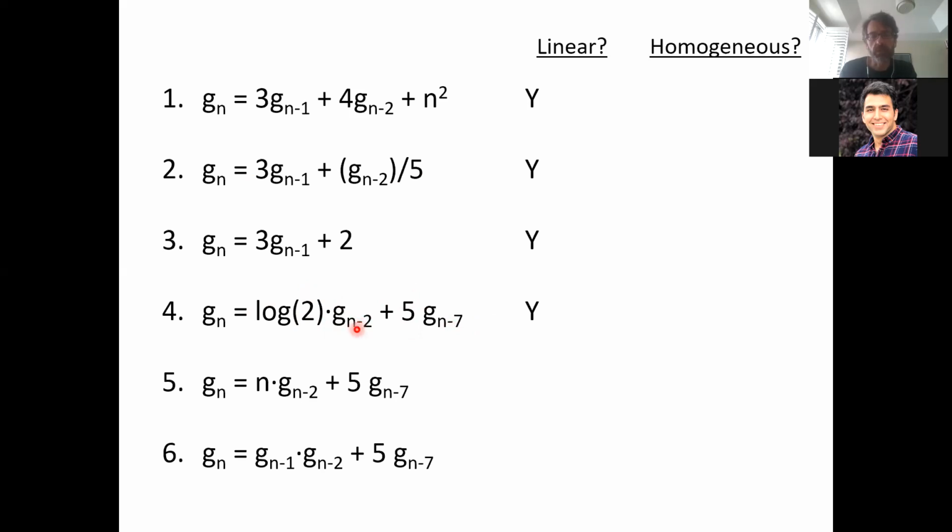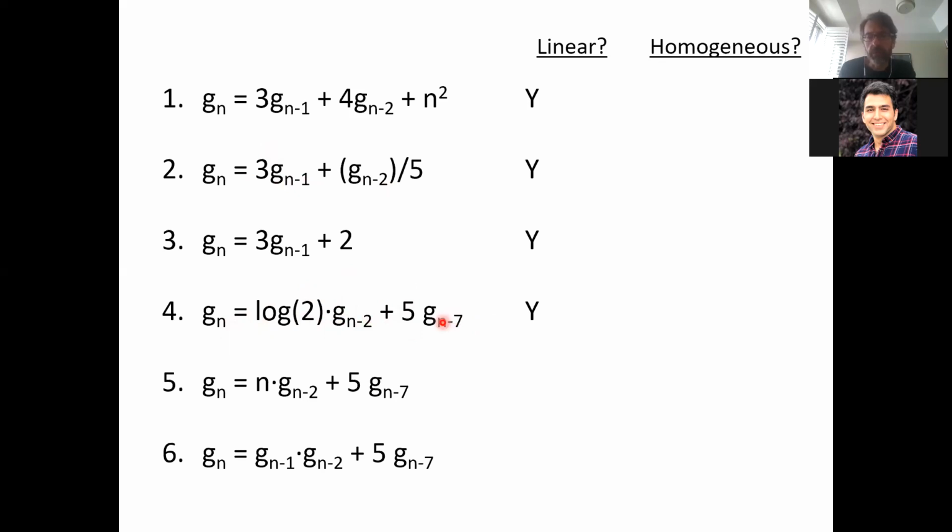Look, another change here is that we are not defining Gn in terms of Gn-1 and Gn-2, we're defining it by reaching back 2 elements and 7 elements, but that's fine.